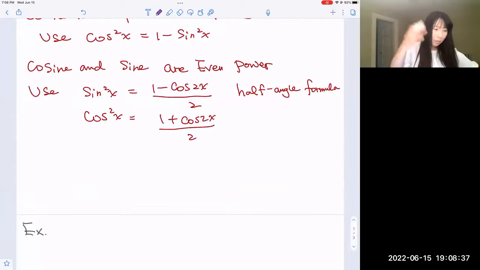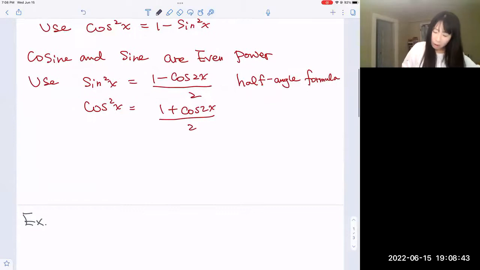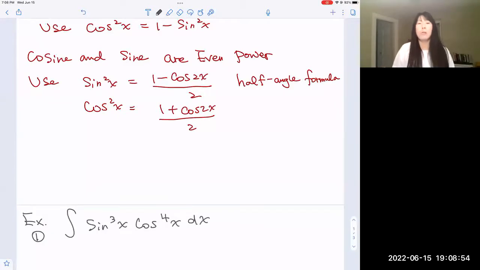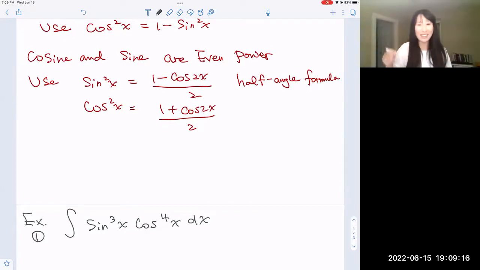All right. So then number 3. So we have the integral of sine to the third power cosine to the fourth power dx. All right, so does sine have an odd power, does cosine have an odd power? Odd means 1, 3, 5, 7, 9, 11.